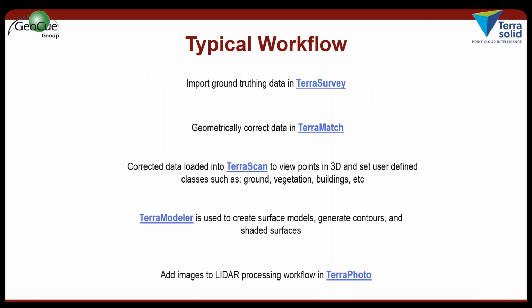The typical workflow we see usually involves these various products, starting from survey, being able to bring in some ground control or other collected data surveyors are doing, then some geometric matching with TerraMatch, and then the main module, which is TerraScan, the point cloud processing engine that can do a whole bunch of different things to help you with the point cloud data.